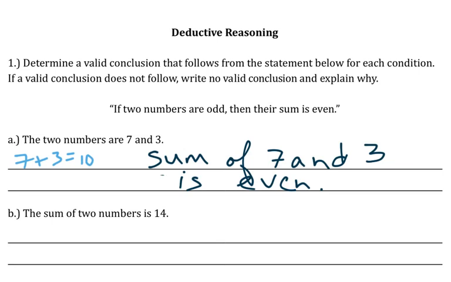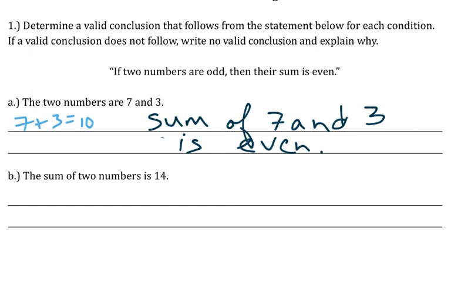Well, here it says the sum of two numbers is 14. Well, you could be thinking, okay, cool, that must mean that those two numbers are odd. But what if the numbers instead were 10 plus 4? Is 10 even? Is 4 even? So even if it's 14 and they're telling us that, there is really no valid conclusion.